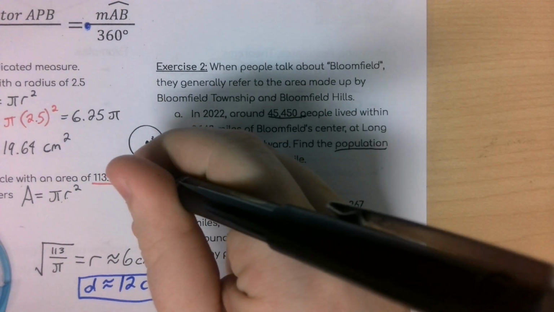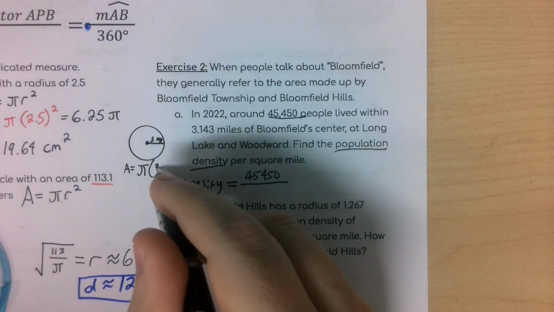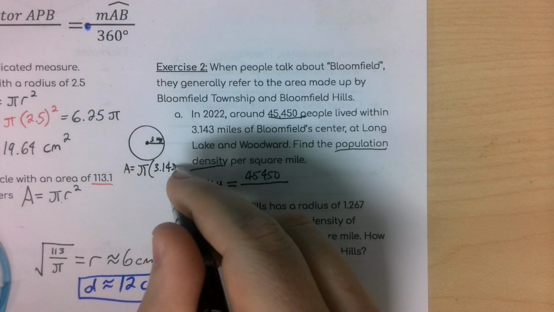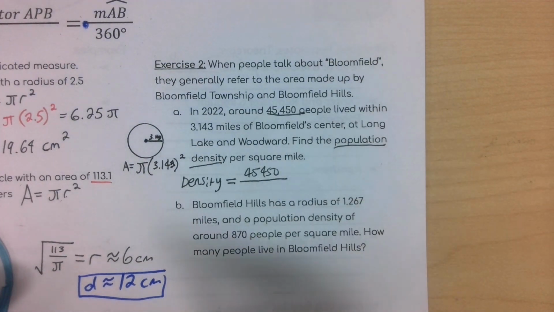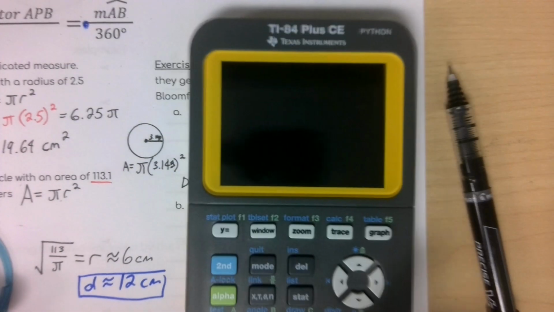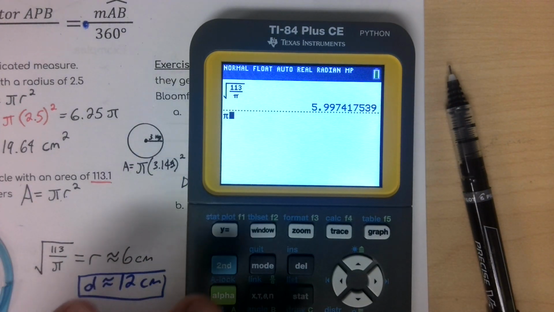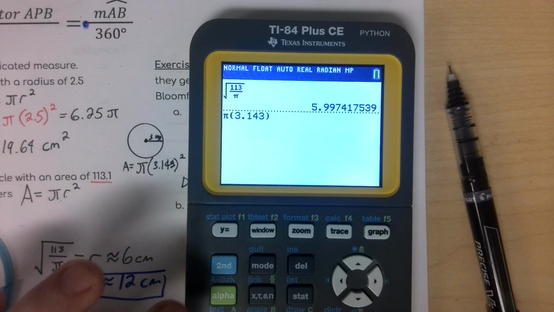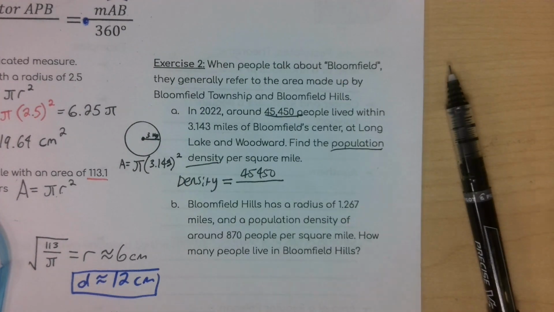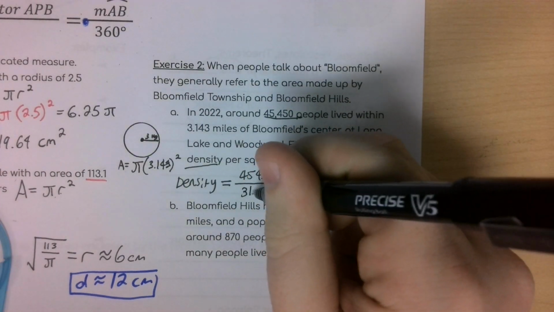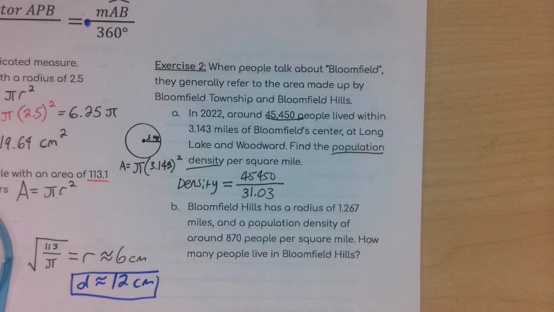The area of a circle with a radius of 3.143 is pi times the radius, then square it. We can put in our calculator pi times 3.143 squared, and we get the area as 31.03. It turns out this area of Bloomfield is about 31 square miles, which seems like a lot.